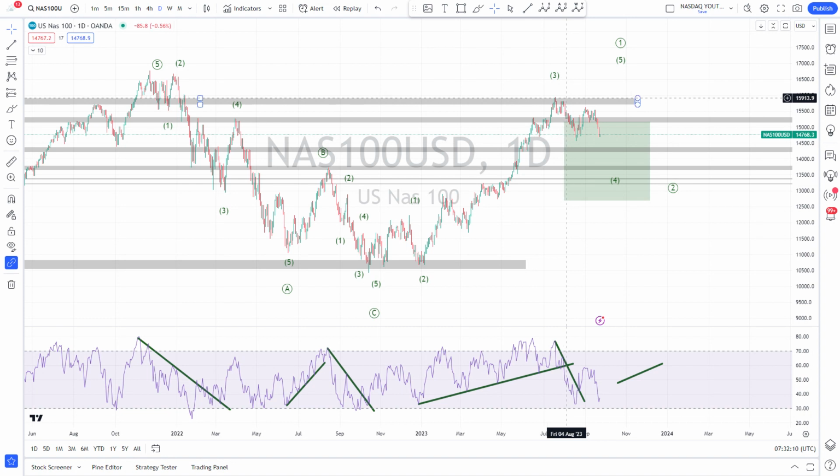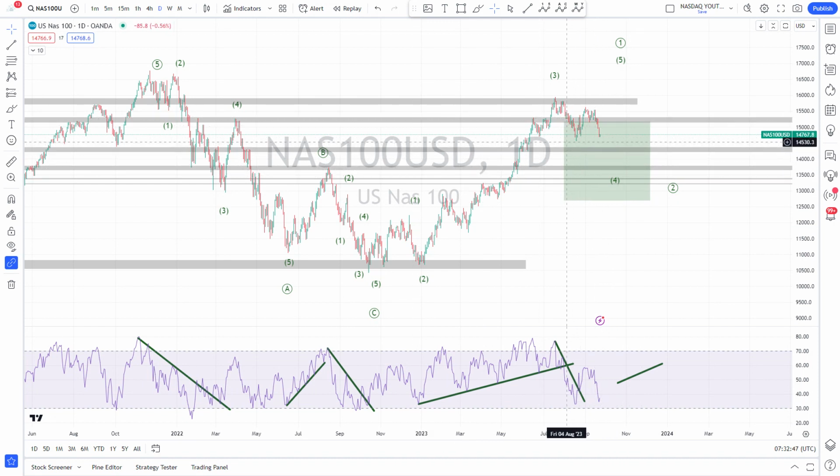My primary scenario, we are making a wave 4 here, and so I think it's better to concentrate on this wave 4 first. Of course, if we start to take out important levels, or if we do not react strong enough from the areas where we should react as a wave 4, then we can start to consider this bearish variant.